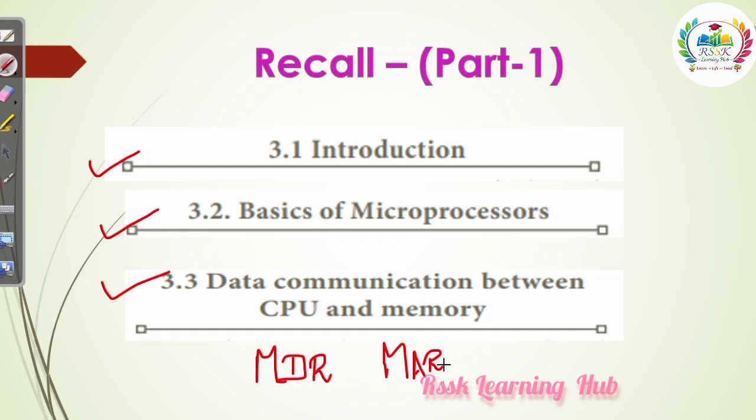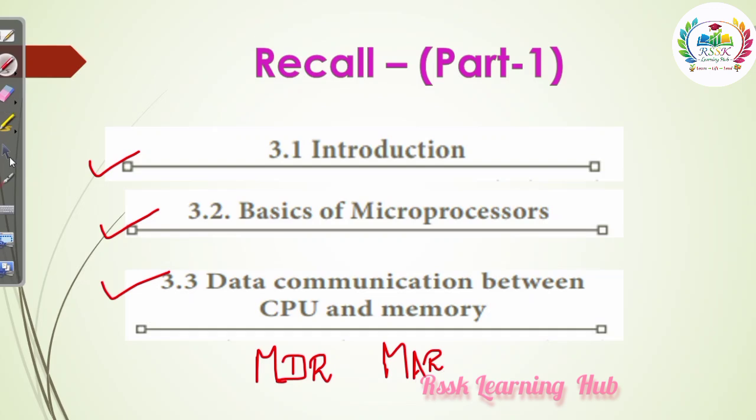So the CPU contains this MDR and MAR to record and transfer your data. Next, we learned about the bus connectivity between your CPU and the memory, and the various types of microprocessor.